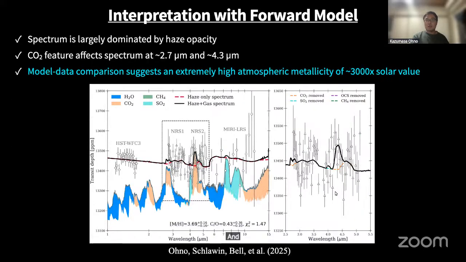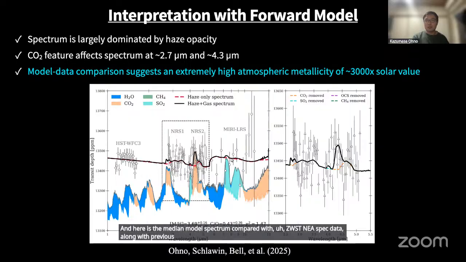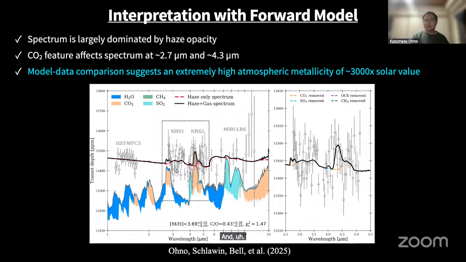Here is the median model spectrum compared with JWST NIRSpec data, along with previous HST data and JWST MIRI data. The model spectrum reasonably explains the existing data.